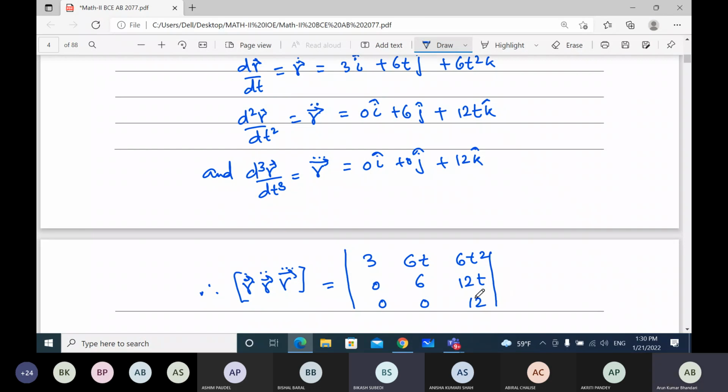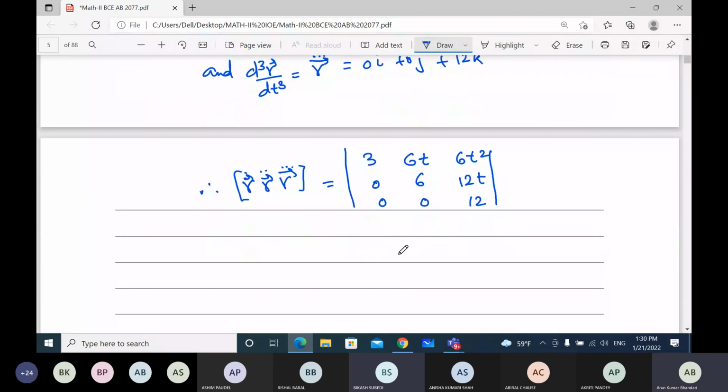You can observe that this is an upper triangular matrix, so its determinant is simply the product of the diagonal elements. 3 times 6 times 12 is 18 into 12, which is 216. Yes, so it is proved.